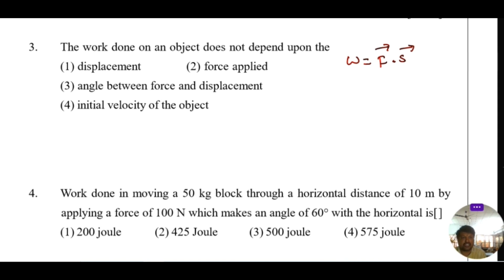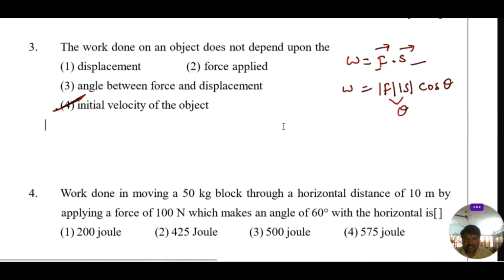So work done depends on displacement S and force F. If you remove the dot, then write work in scalar form, that is magnitude of F, S and cos theta. Theta is the angle between force and displacement. If the angle changes, the work done also changes. So work done depends on the angle between force and displacement. Work done does not depend on the initial velocity of the object. So option 4 is the right answer.